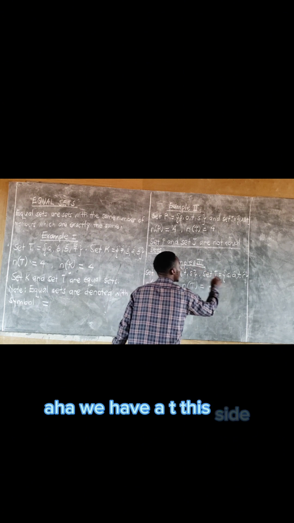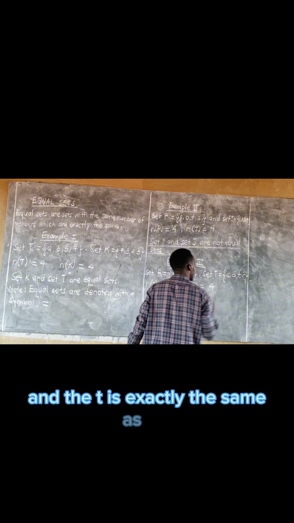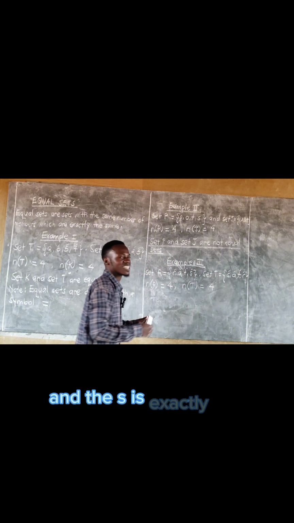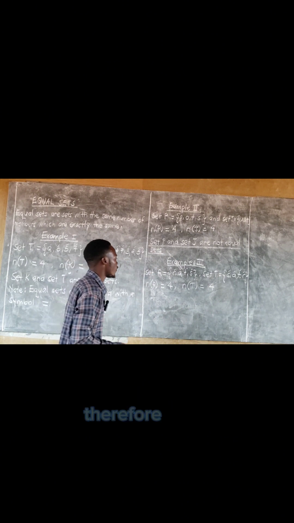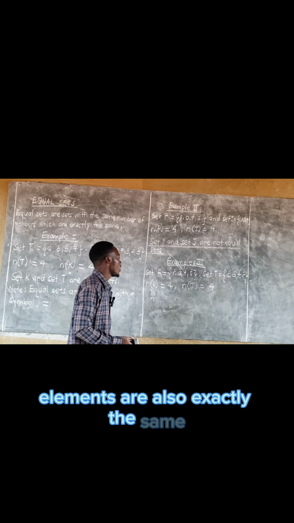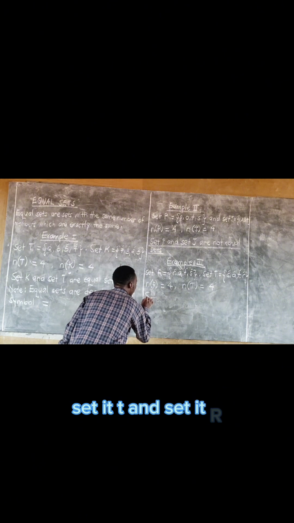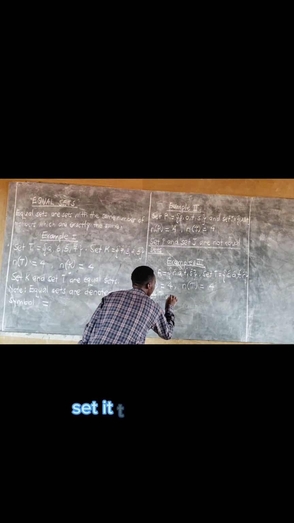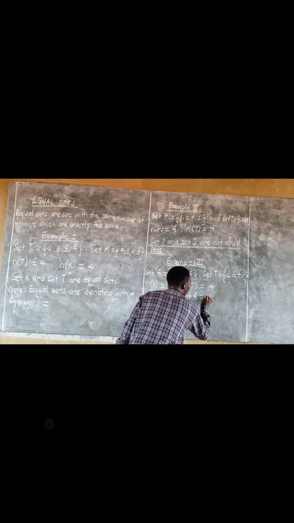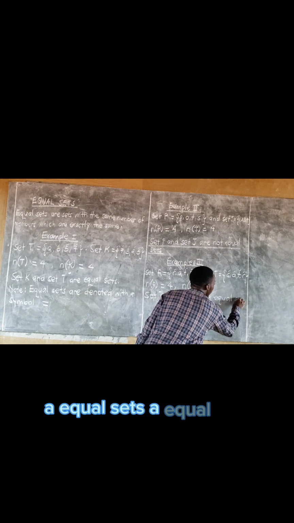We have T this side, we also have T this side, and the T is exactly the same as this. We have S this side, and we also have S this side, and the S is exactly the same as the S the other side. Therefore, owing to the fact that the elements are also exactly the same, having the same number of elements, set T and set R are equal sets.